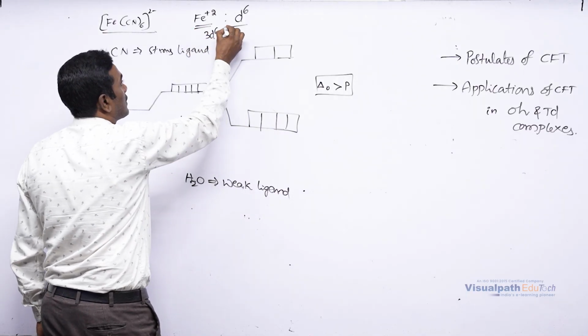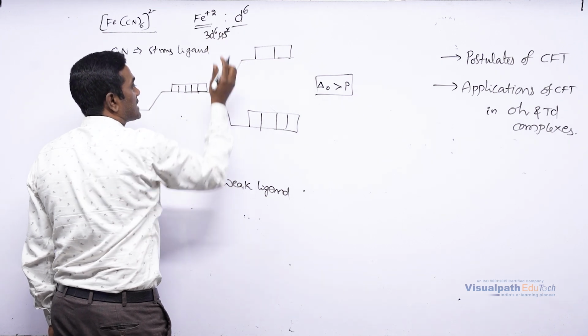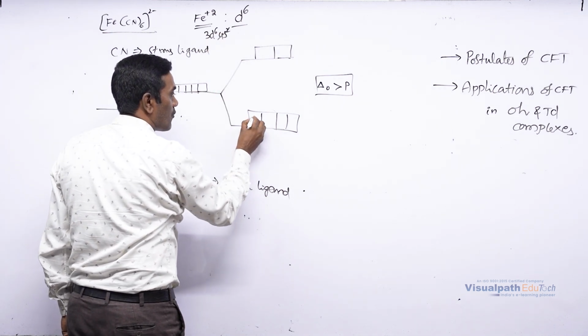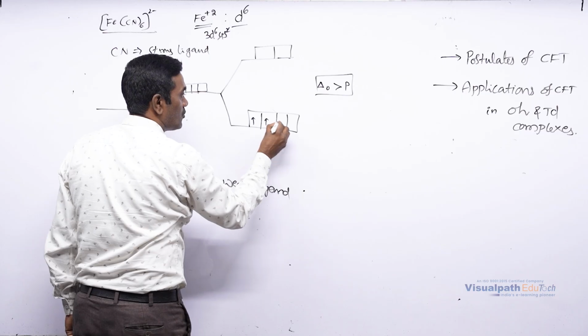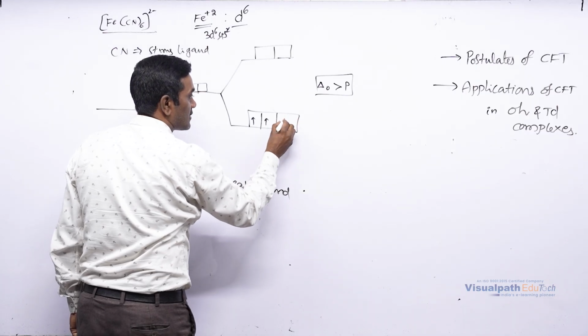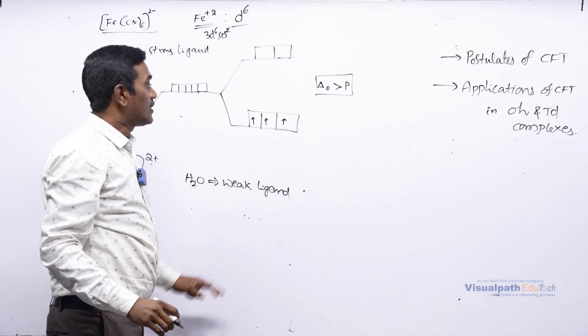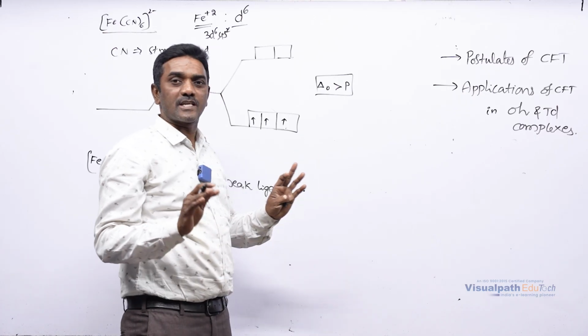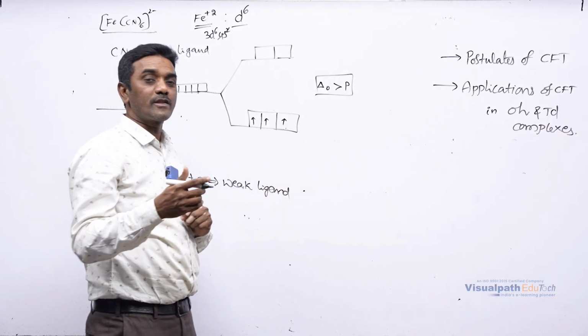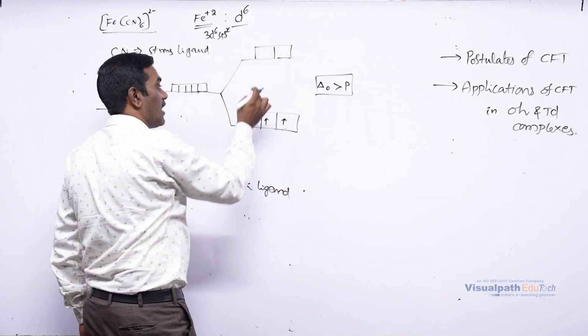Obviously, plus 2 will come into picture. This will go d6. How many electrons do we have to fill? 1, 2, 3. Now, filling of these 3 electrons is somewhat okay. Now, the fourth electron we are going to fill here or here.